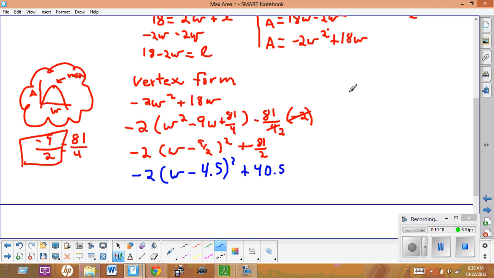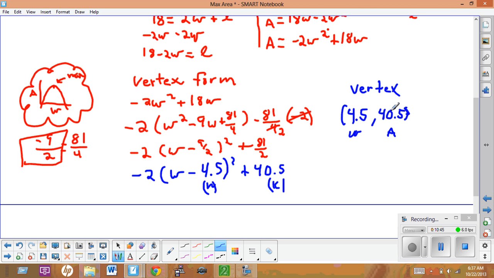Our vertex in this case is H and K. Here's our H, here's our K. So it's 4.5 and 40.5. And if we go back to our picture, the X in this case would be our W. So this is the W we're looking for. This is the width. And the 40.5 is our maximum area.